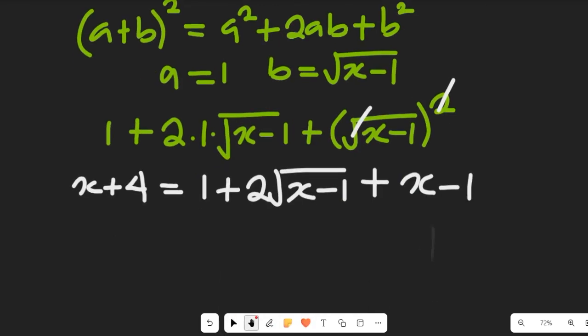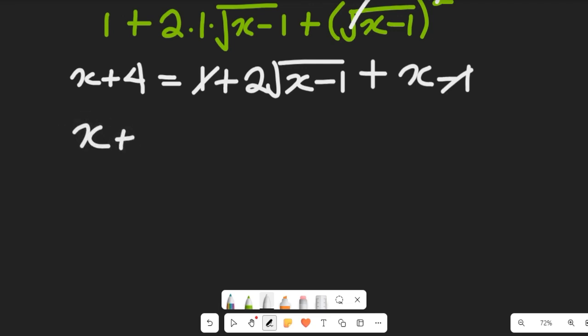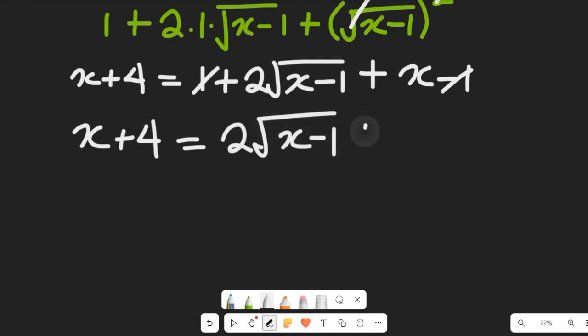Great. Now, in the next step, we'll simplify. 1 minus 1 will simply go off, and we'll be left with x plus 4 equal to 2 multiplied by the square root of x minus 1, plus x.